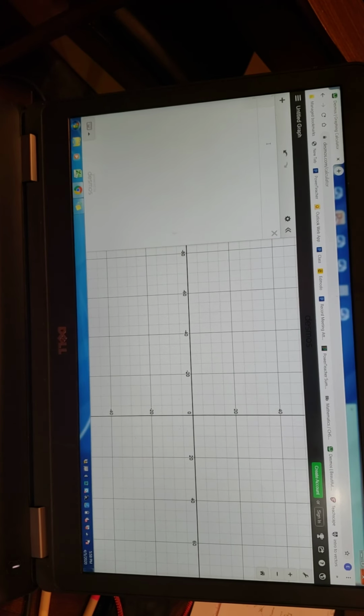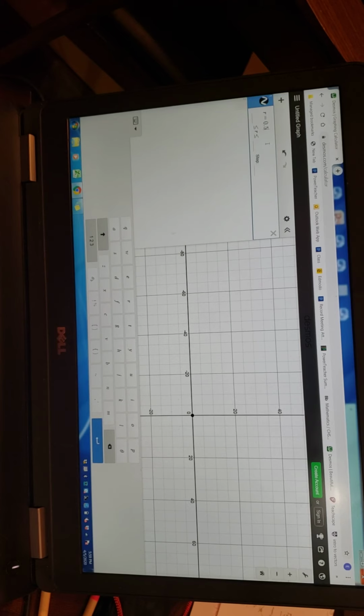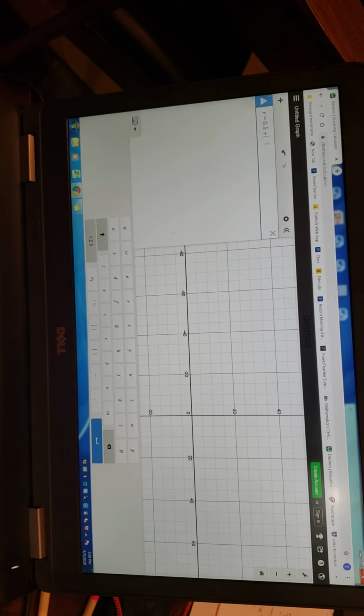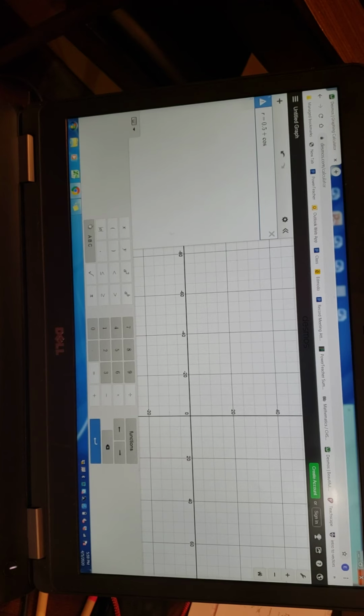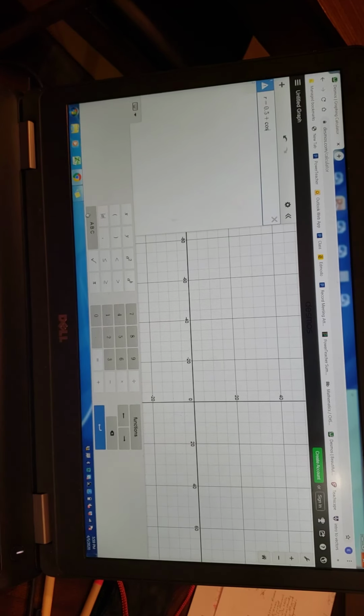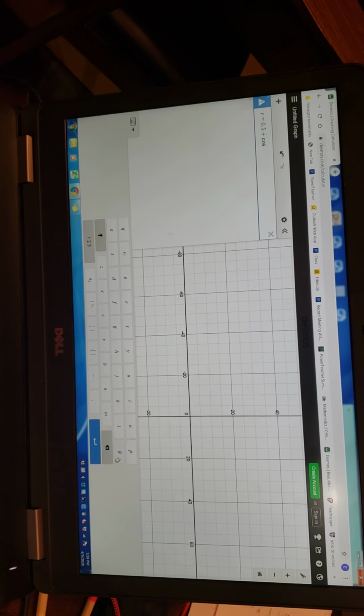So, what we're going to want to type into Desmos is r equals 0.5 plus cosine, and now we need to grab theta. If you go to that keypad down there, on the home screen, you just have to click ABC, and theta is sitting right here.